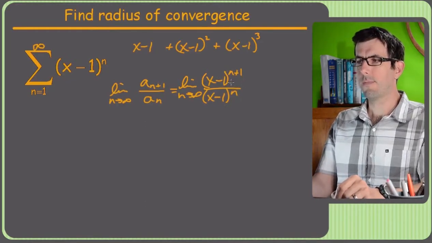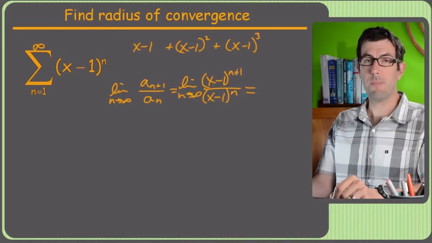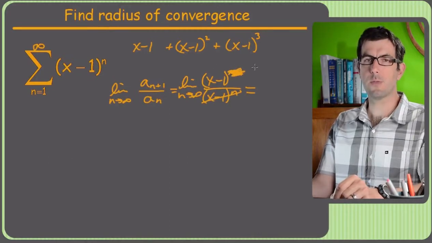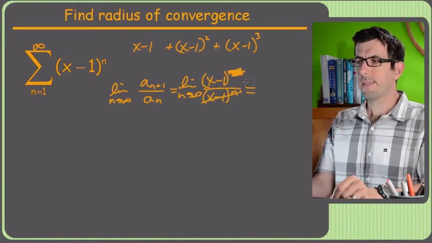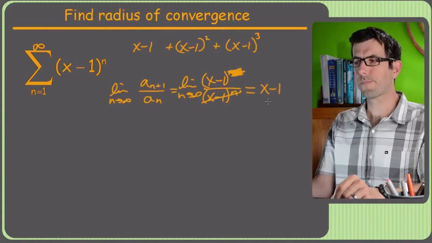And we want this to be less than 1, but for a second, let's just simplify. So (x minus 1) to the n plus 1 is just 1 higher power. So basically the (x minus 1) to the n cancels that exponent, and we just get x minus 1. And since there is no n, we just get x minus 1.